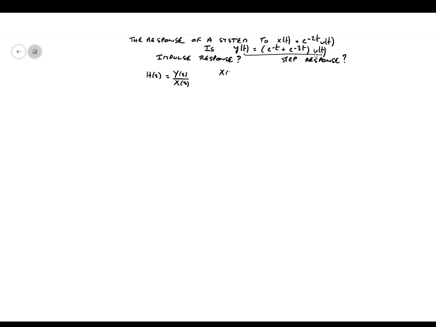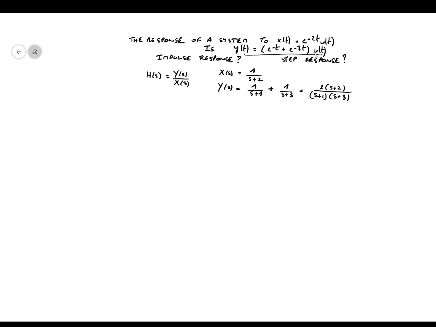X of s is the Laplace transform of this signal, and that's 1 over s plus 2, and y of s is, well, 1 over s plus 1 plus 1 over s plus 3, and if we put that under the same denominator, we'll have s plus 1 s plus 3, and at the numerator we'll have 2 times s plus 2.